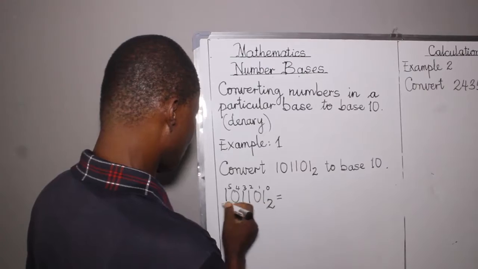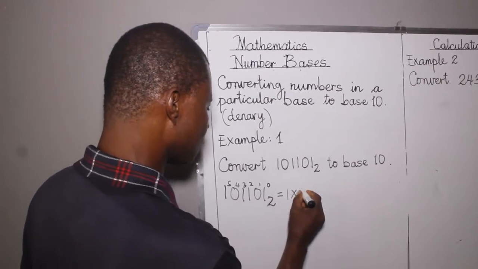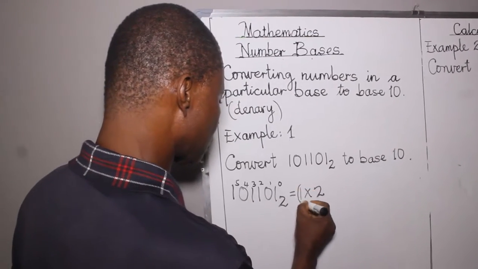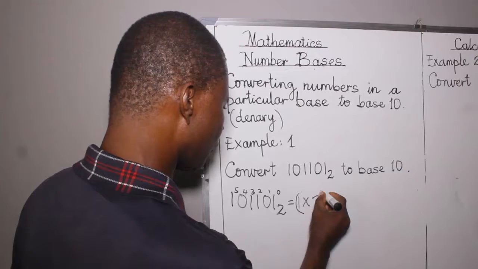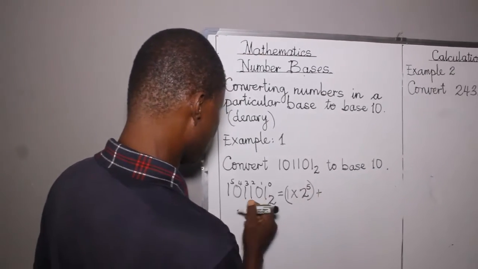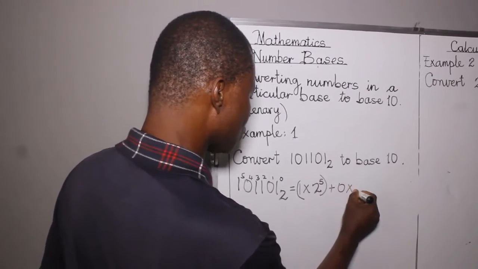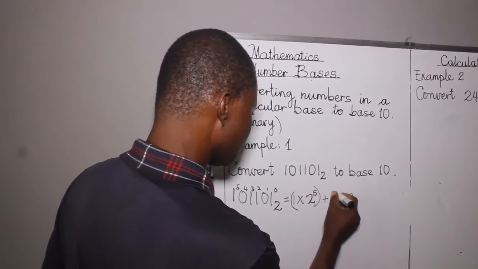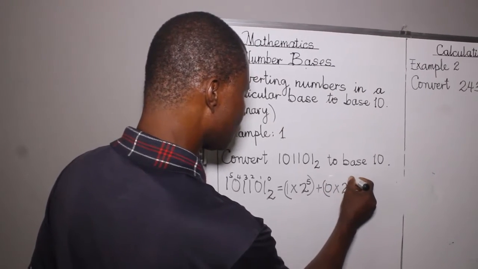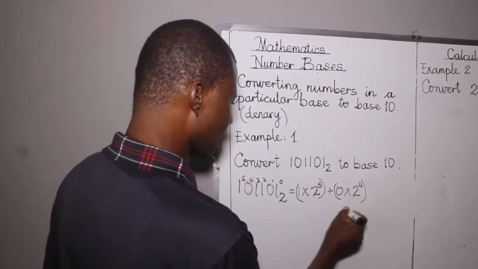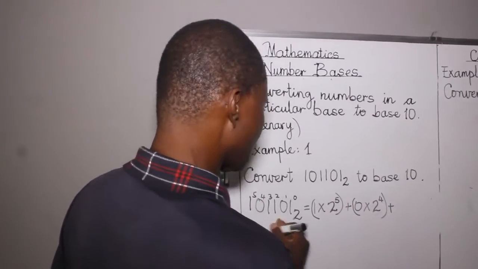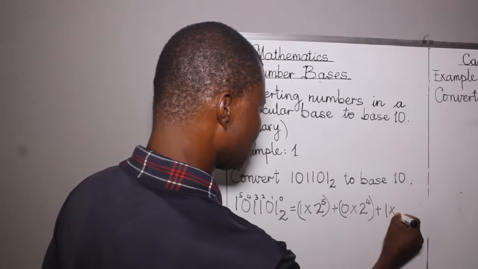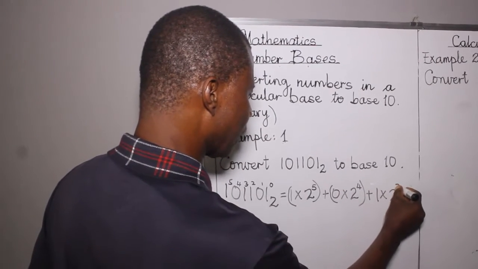So we start. First number, 1 times 2 to the power of 5, plus 0 times 2 to the power of 4. You can see the 4 and the 0. Plus 1 times 2 to the power of 3.